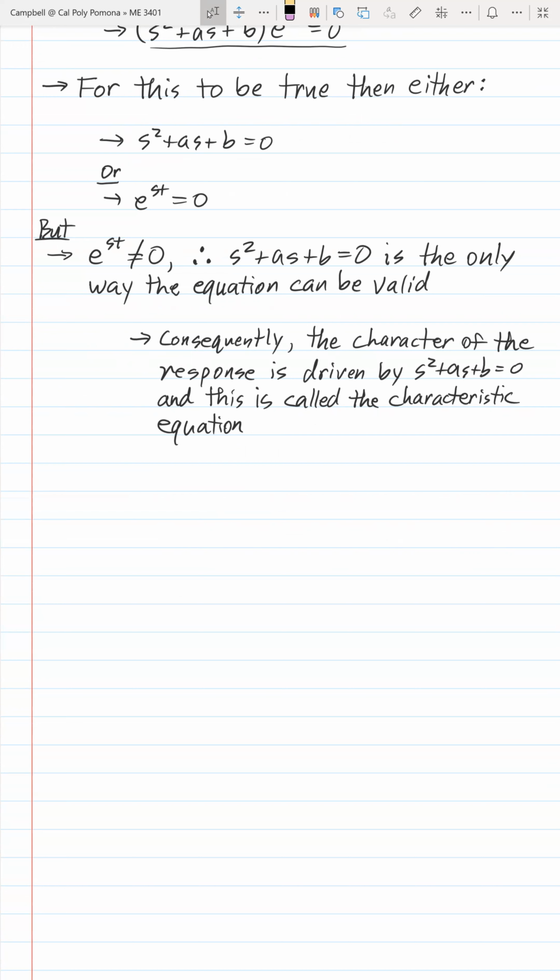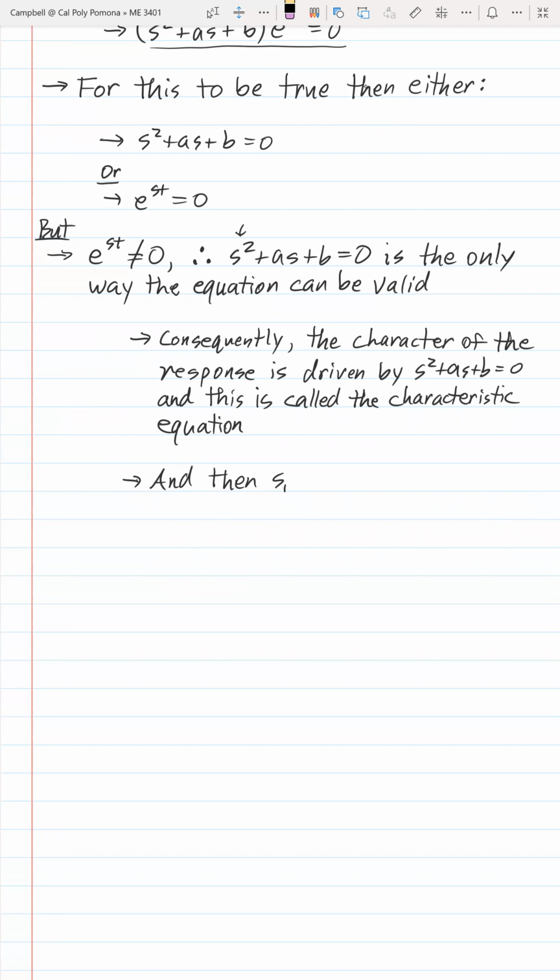So clearly, since we're dealing with an s squared, if we want to find the values of s that make this equation true, because right now we just have values of s, and not every value of s will satisfy that equation, then we just use the quadratic formula.